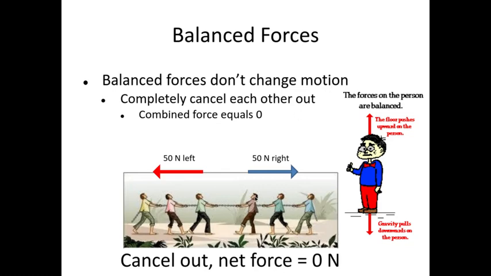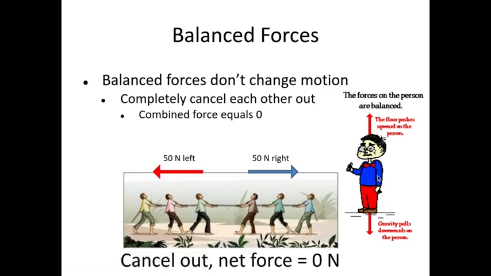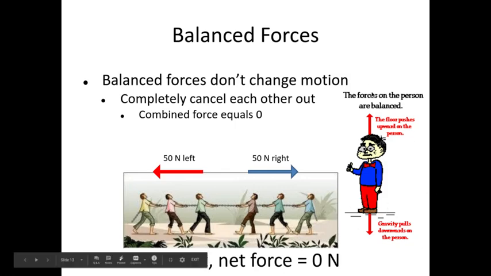So if you are pulling on both sides of tug of war with the exact same force on each side, they cancel out and you're all going to stay in place. This person has gravity pulling them down, and then the floor giving an equal and opposite force up. That is going to make it so that they're not bouncing off the ground or going through it. Those are balanced forces because they're the same up and down.